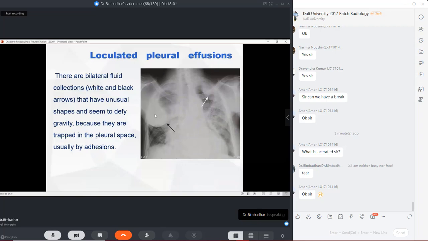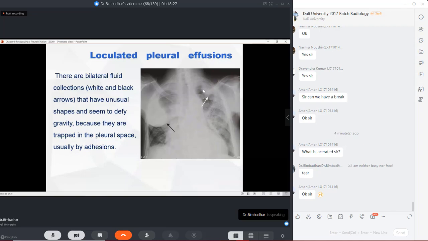Is this clear? So this is a loculated pleural effusion. You can also call it an encysted pleural effusion, but still they will have the meniscus on the upper areas. You see here, the lateral margin is much higher than the medial margin. So it is a meniscus.